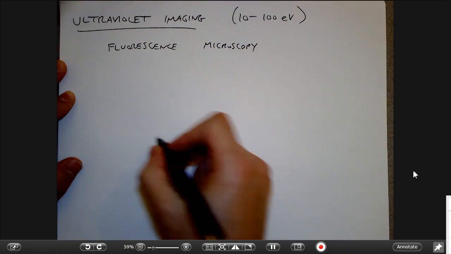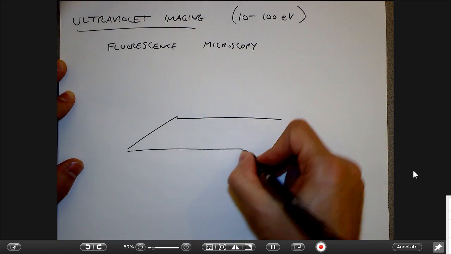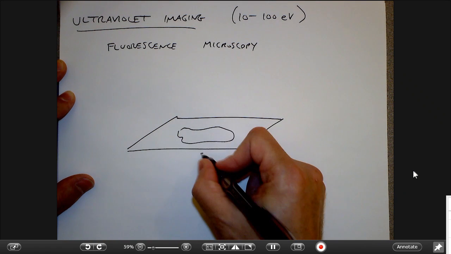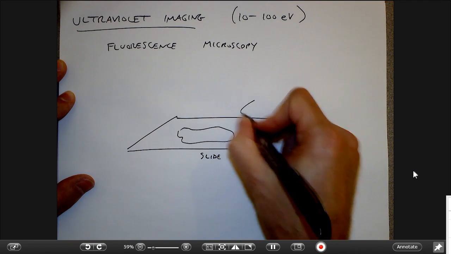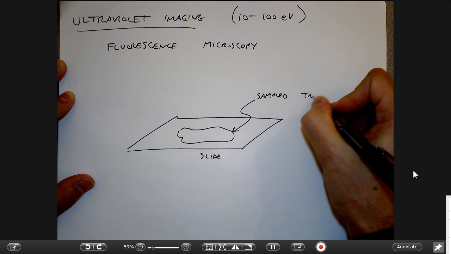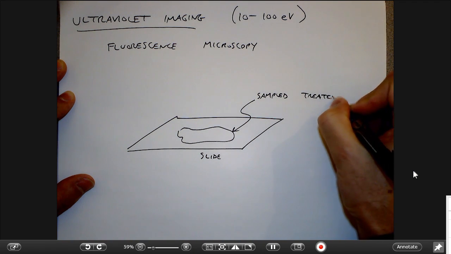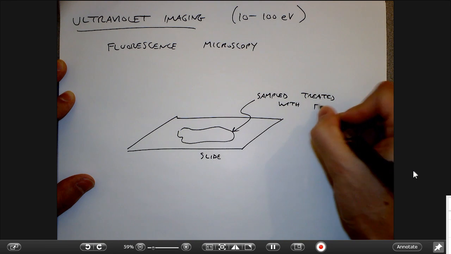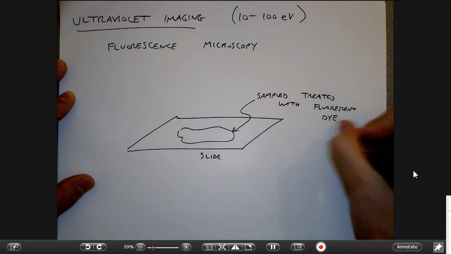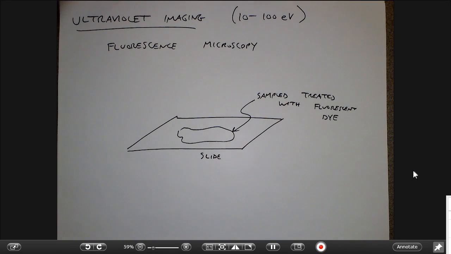What that means is that you have some sort of sample on a slide, and this is a sample that has some sort of fluorescent dye in it. For example, there's something called green fluorescent protein. That's a very common dye.